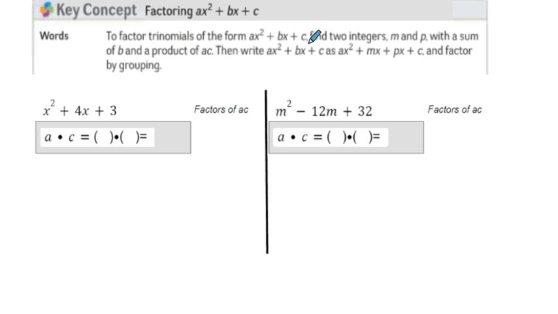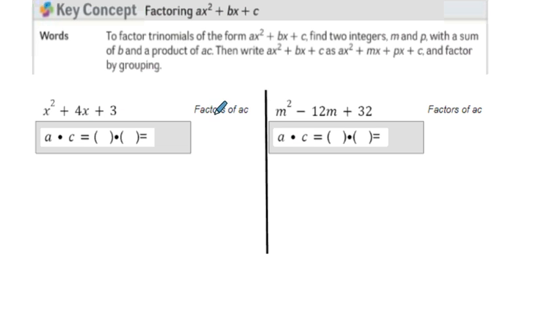I guess what they're saying is when you look at your expression, you want to find two numbers that add up to b, but that also multiply together to give you what you get when you multiply your a and your c term together, right? And then what we're going to do is write it out in expanded form, and then we're going to factor it by grouping.